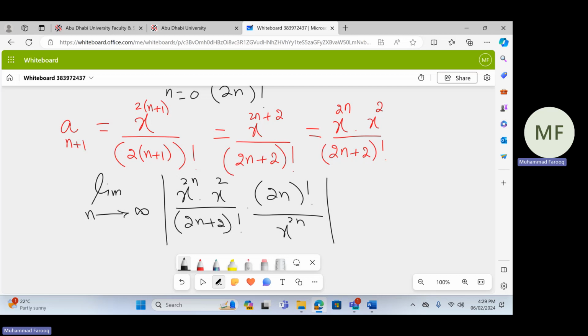Understand? I just put the values in the formula. Now please, yes, this and this cancel out.